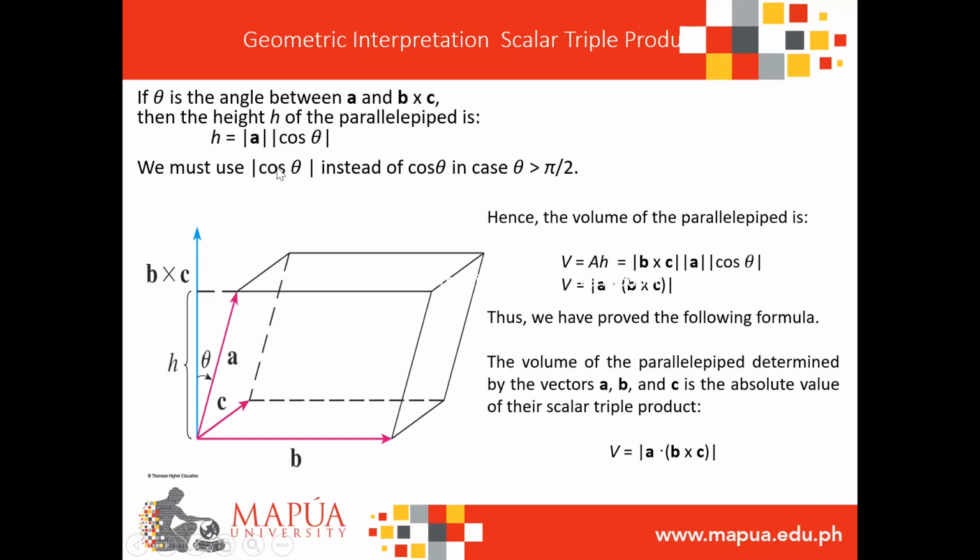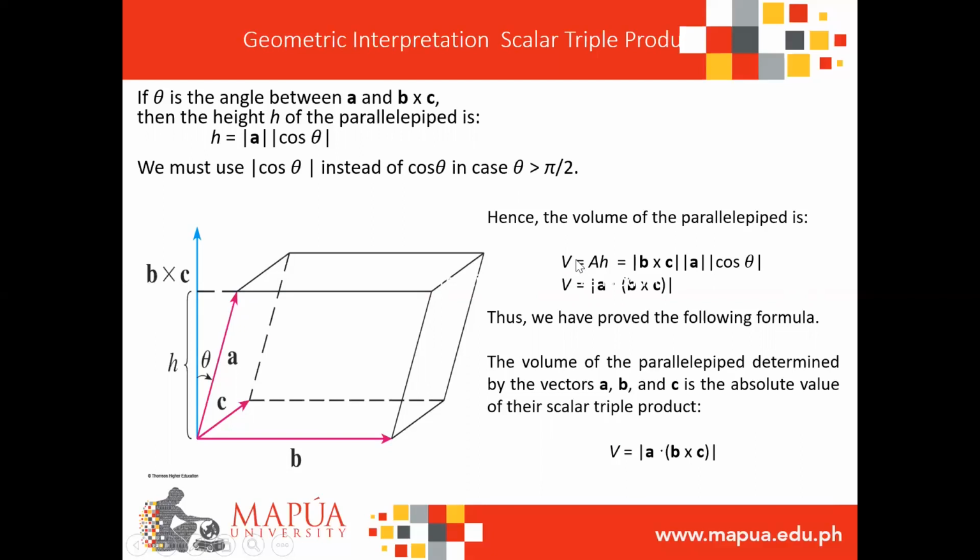We must use the absolute value of cosine theta instead of cosine theta in case the angle theta is greater than pi over 2.